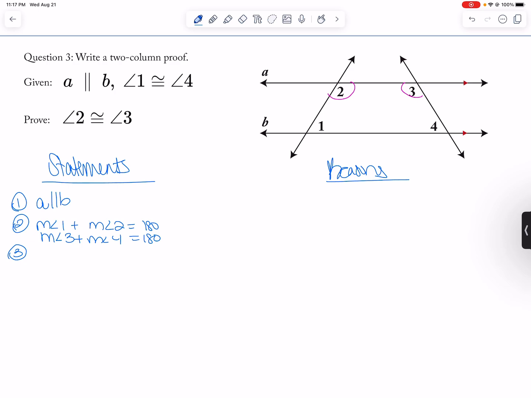And then we know by substitution, because I can substitute one of the 180s in for the other, the measure of angle 1 plus the measure of angle 2 is equal to the measure of angle 3 plus the measure of angle 4.